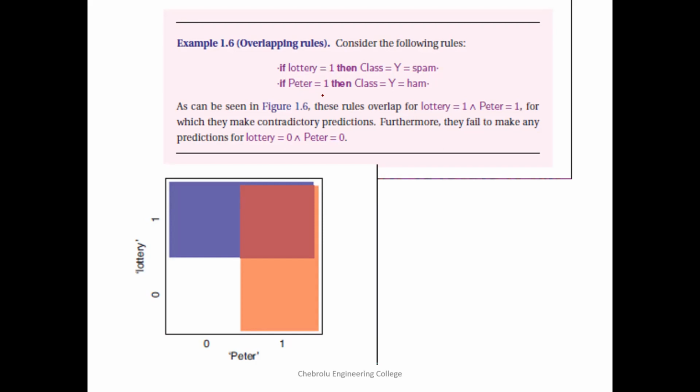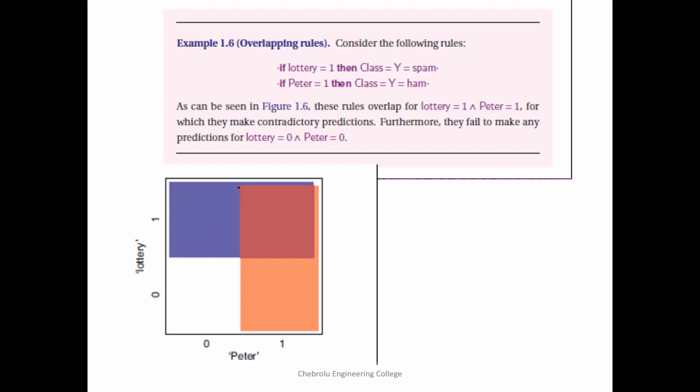The second rule is: if Peter is equal to 1, then class Y is equal to ham. As you can see in this figure, with lottery and Peter taking values 0 and 1, if Peter is 1, then class Y is ham. If lottery is 1, this is spam.